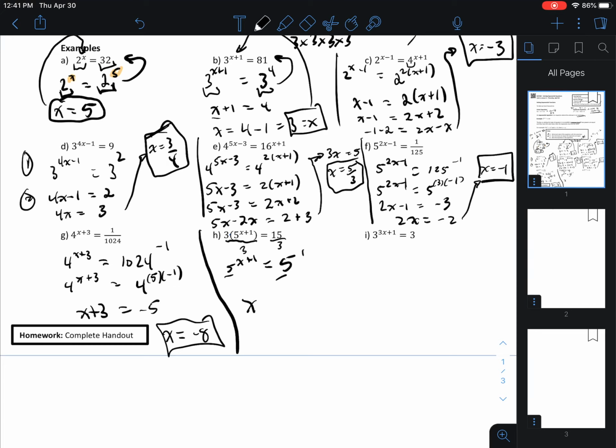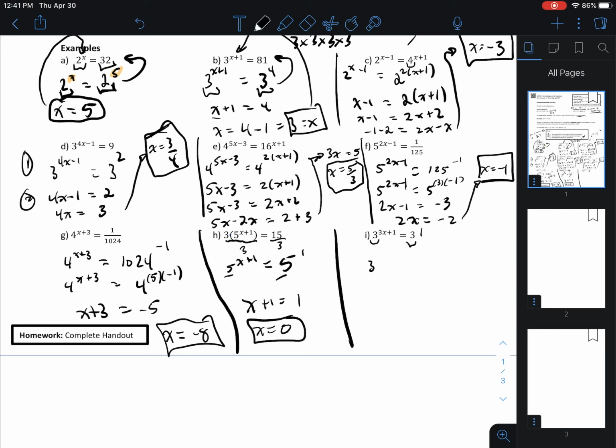This gets a lot of people. Now the bases match, and it's 5 to the 1. So x plus 1 is going to equal 1. So x is equal to 0. Okay. This gets a lot of people. Do not expand it.